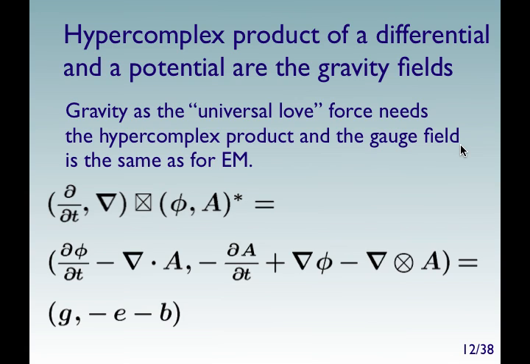And my suggestion is it's the hypercomplex product, okay? So now let's see what happens. Remember, I do have to throw some minus signs in there somehow, so that's where the conjugate is coming in. And when you do this sort of exercise, you get exactly the same gauge term, all right? But we have the dA/dt and del phi terms having different signs, and that matters.